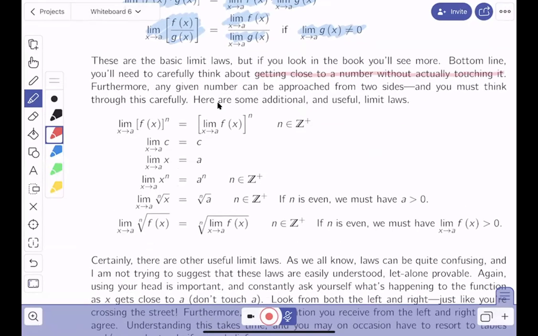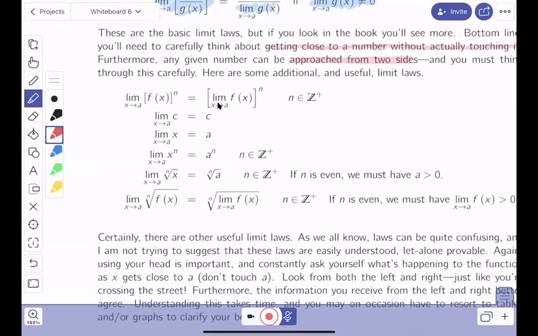People often think that limit laws allow them to blindly plug in without thinking about approaching things from two different sides. In some cases, it does allow us to blindly plug in. However, I want to stress to you that you really need to start thinking about getting close, not touching it, but also approaching things from two sides. You must think carefully about that. All right, anyway, let's go to some more limit laws.